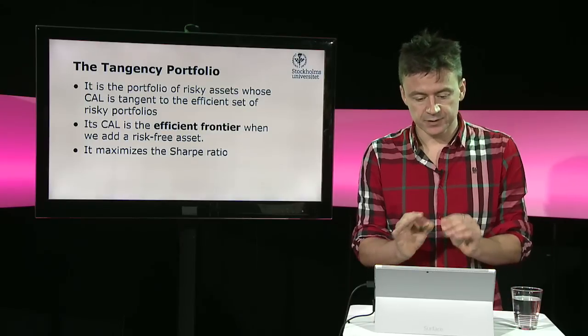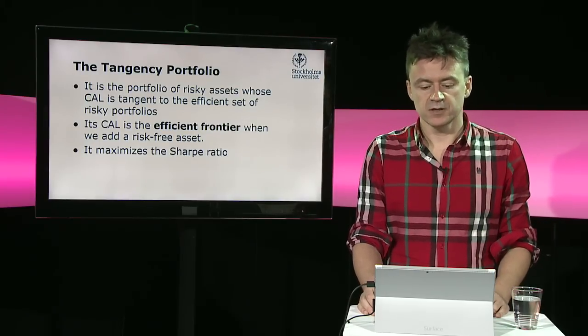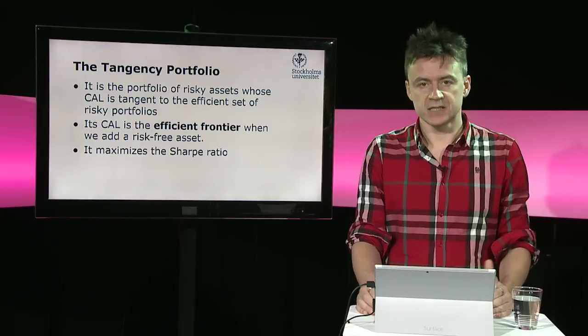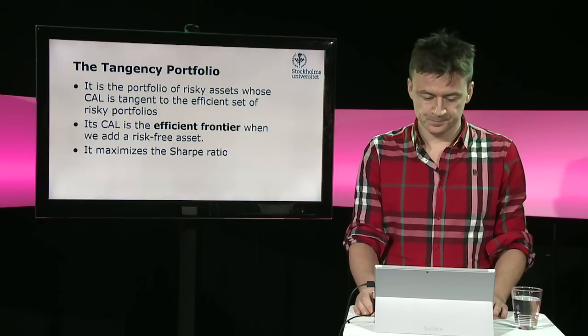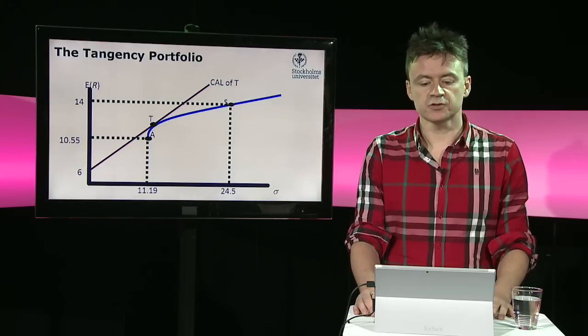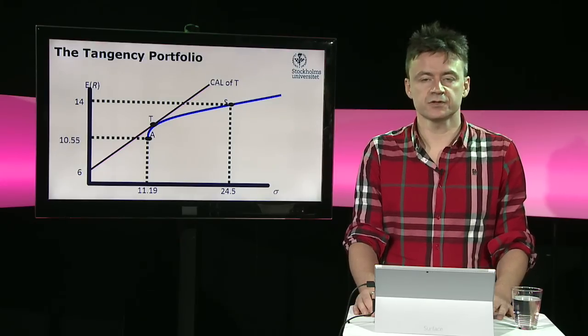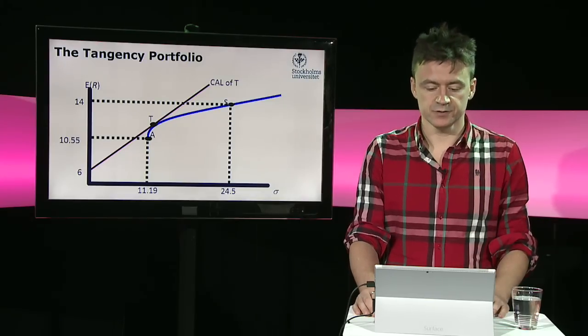That is, this tangency portfolio gives us the maximum value of the Sharpe ratio that can be attained by mixing those three assets. So that's the graphical illustration of what we have just derived for the case of three assets when one of them is risk-free.